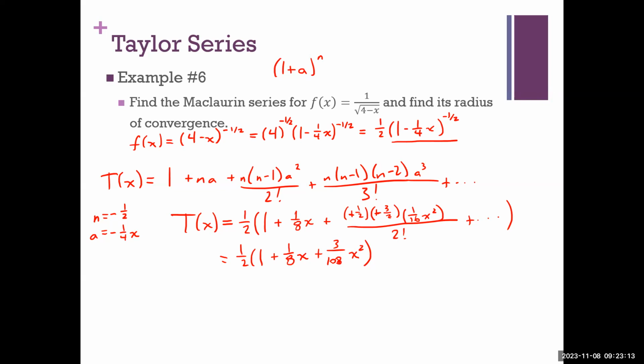It's 2 times 2 is 4, but we're divided by 2 as well, right? Yeah, 128. 8 times 16, so 3 over 128 x squared. Are we okay with that? Okay. So the last move here equals 1/2 plus a 16th x plus 3 over 256 x squared, and so on.